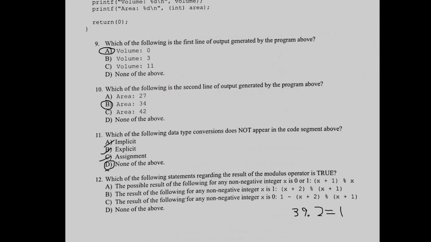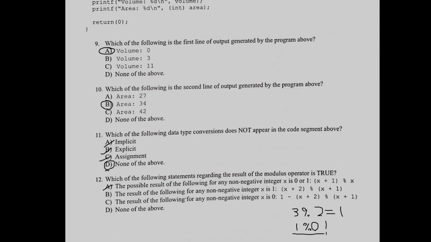However, if you plug in 0, 1 modulus 0 is actually undefined behavior. So this is not going to return 0 or 1, it's going to be undefined. And so this is not true.